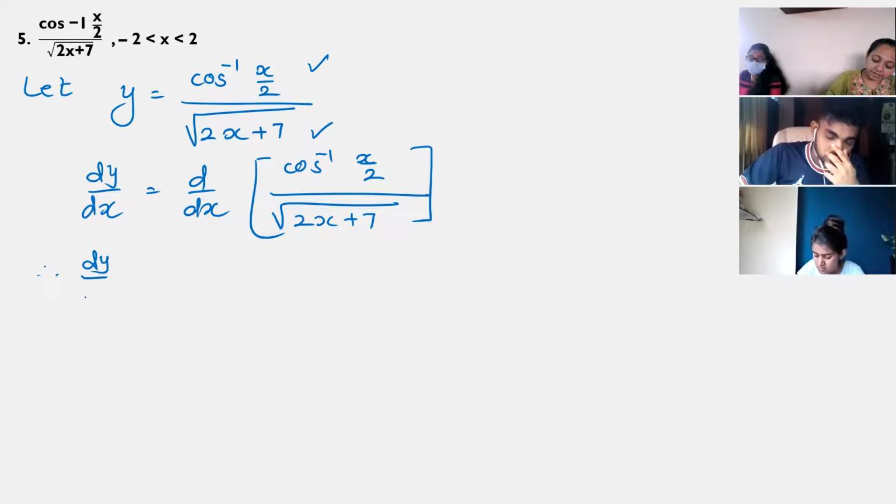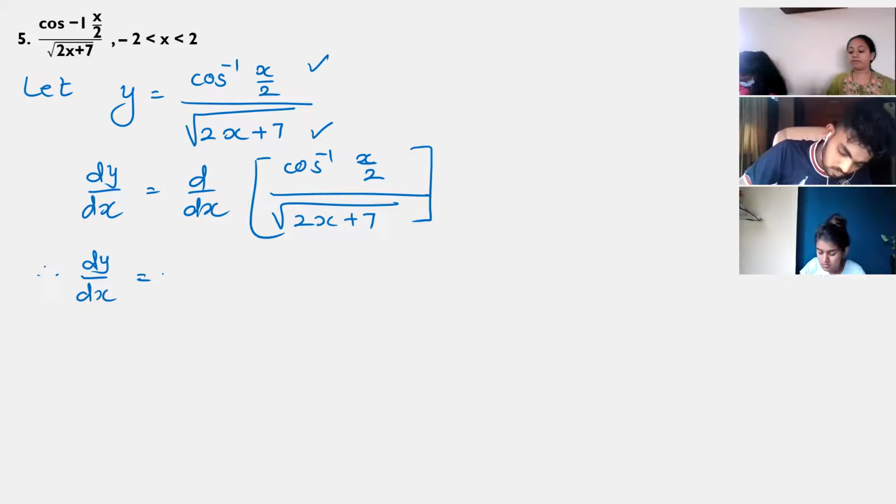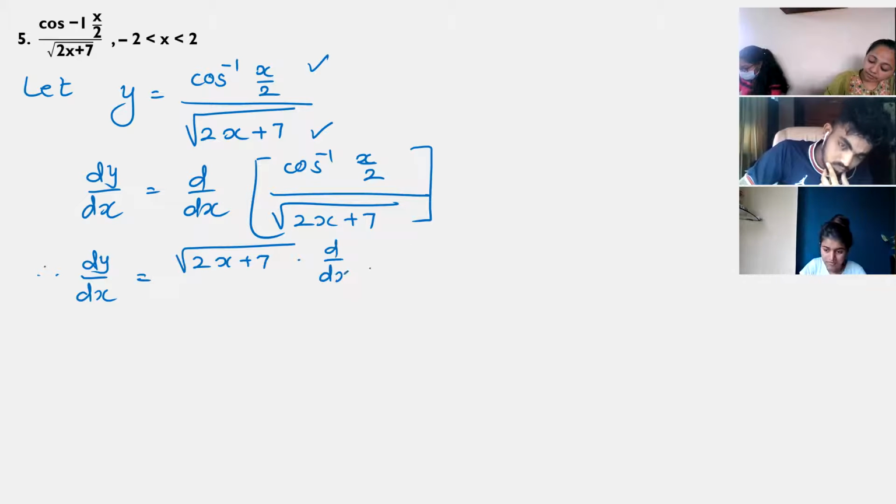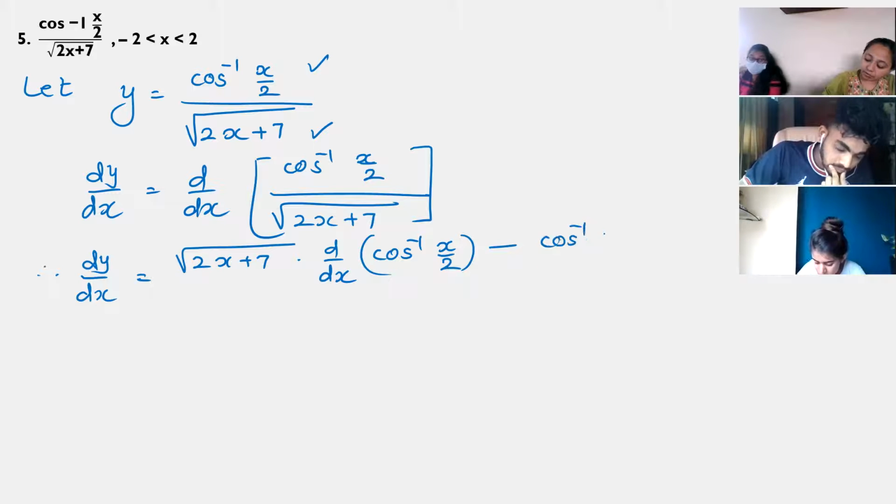Left hand side, dy by dx as it is. Right hand side, I know the quotient rule: denominator first of all as it is, into differentiation of numerator, minus numerator as it is, into differentiation of denominator.